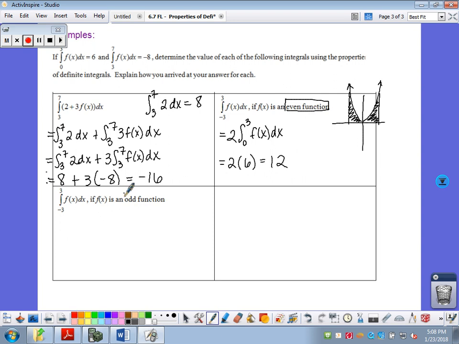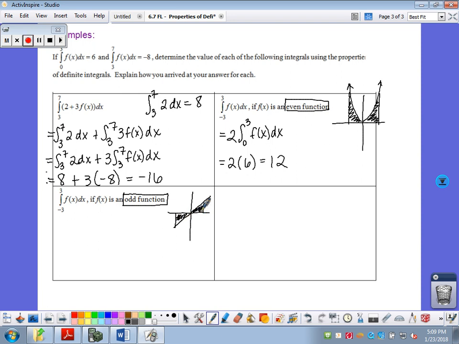If we have an odd function, then, excuse me, your function is symmetrical across the origin. So, for example, you may have a line that goes through the origin, and if that happens, then you can tell that your two areas are going to end up canceling each other out.